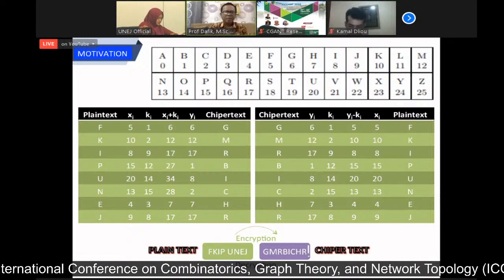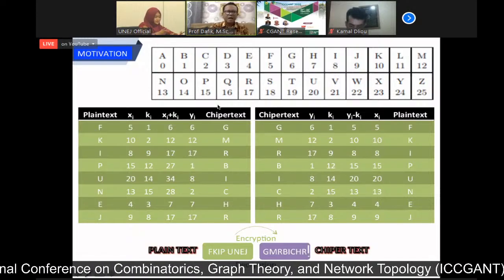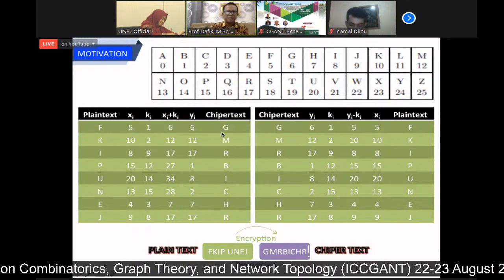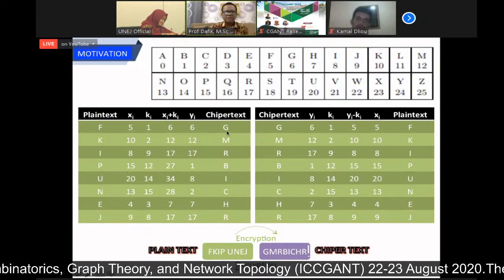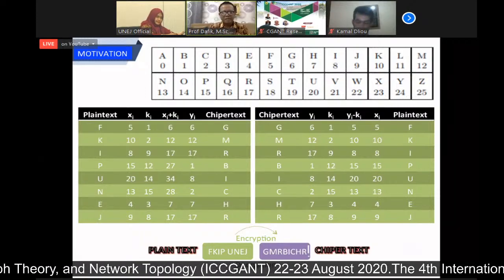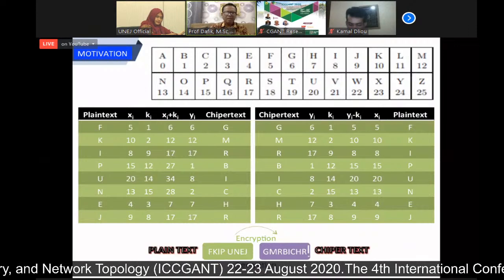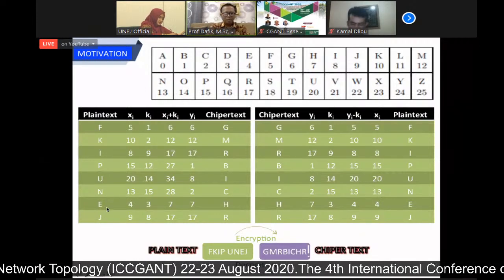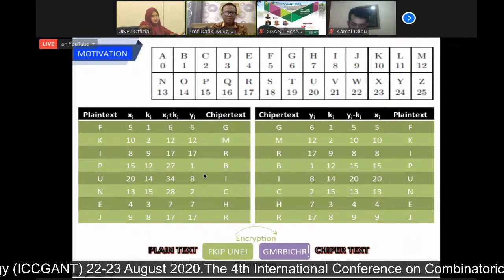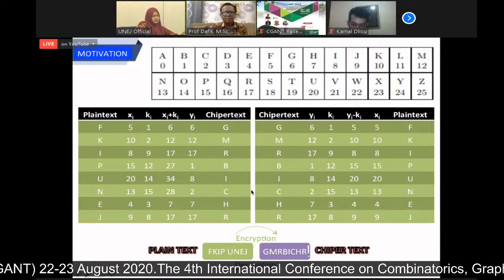And finally, we have yi as 6. The ciphertext for 6, after F, is G. So G is the replacement of F in the ciphertext. And finally, we do this for all of FKIP UNEJ, and we have this ciphertext.